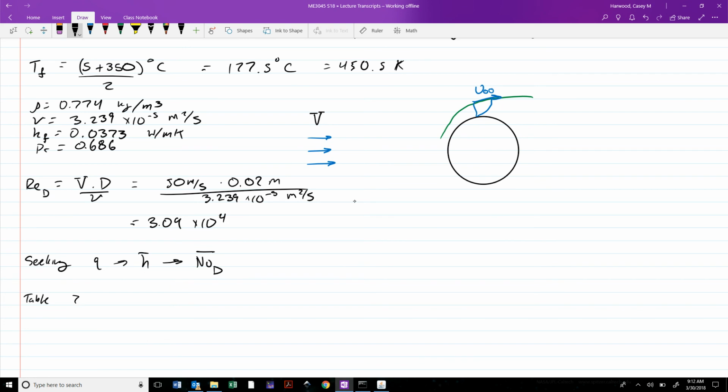Going to table 7.7. Remember, I mentioned that there are 3 common correlations available for heat transfer in flow around cylinders.